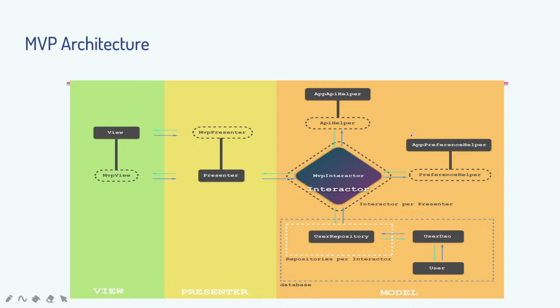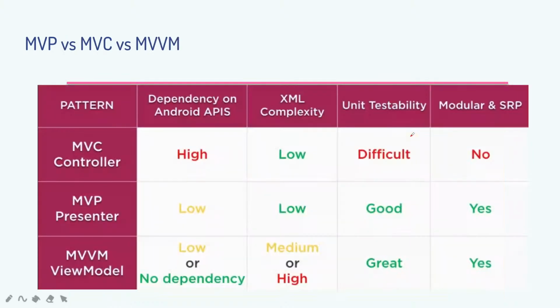That's why we need to use MVP architecture. First one is view, next one is presenter, and next one is model. So this is the MVP architecture: model, view, presenter.